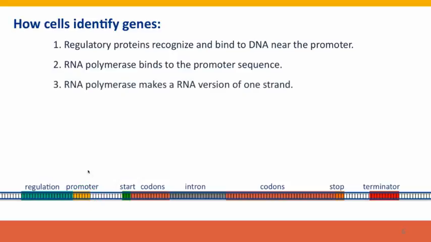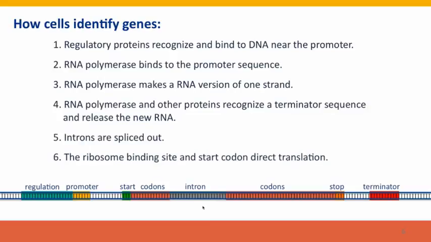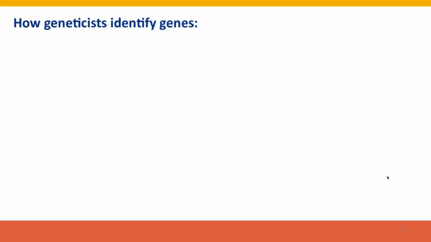It makes an RNA version of one strand of the DNA, and when it recognizes a terminator sequence, it releases the new RNA. The introns are spliced out due to recognition sequences in the intron, and the ribosome binding site and start codon direct translation. Now, this is nothing like how geneticists identify genes.